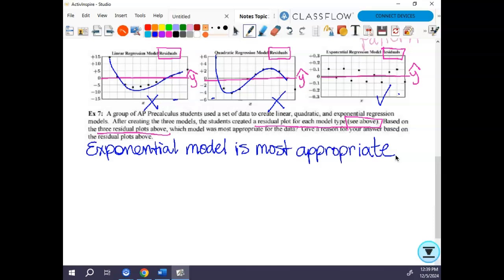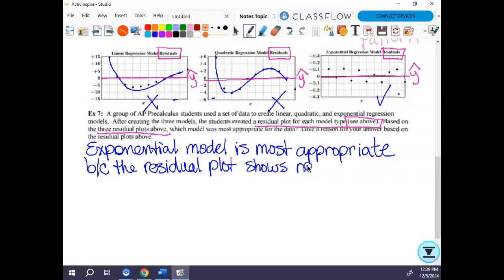Maybe there's something else out there that's better, but between these three, this is the most appropriate, because the residual plot shows no clear pattern.